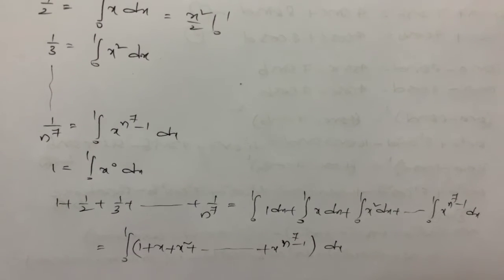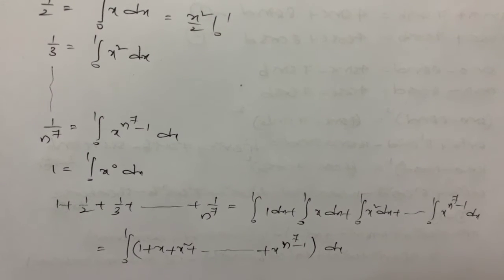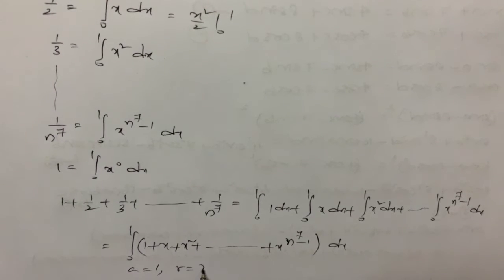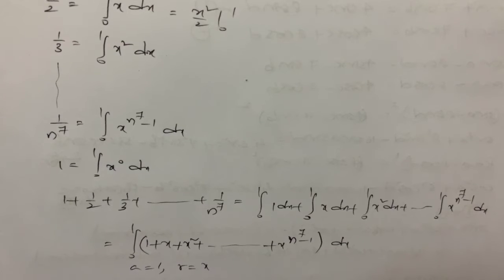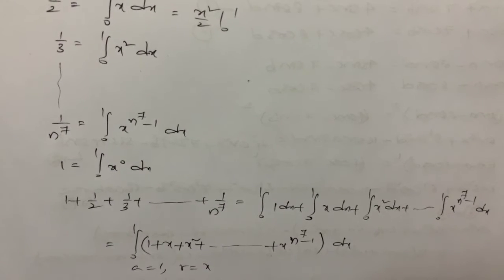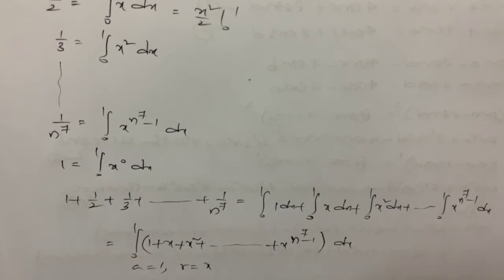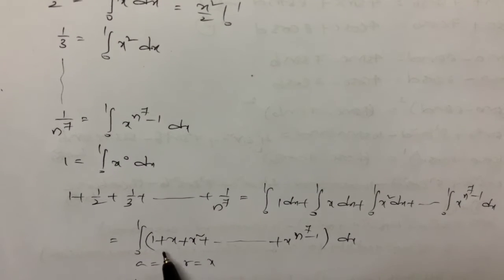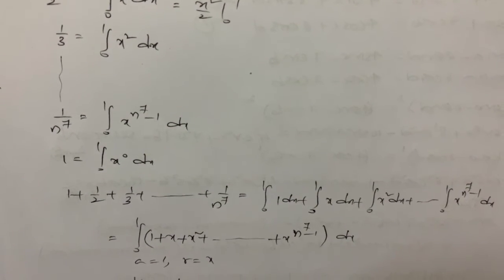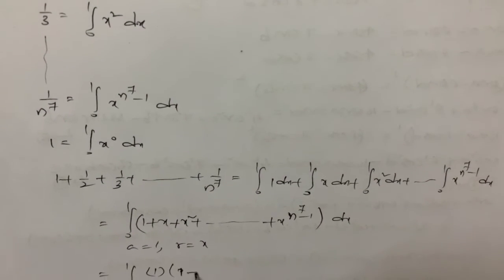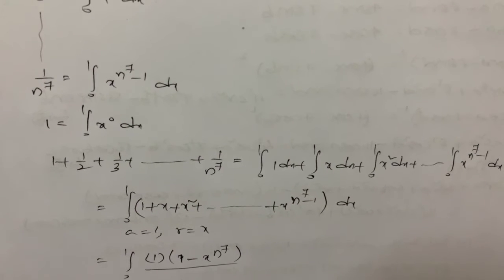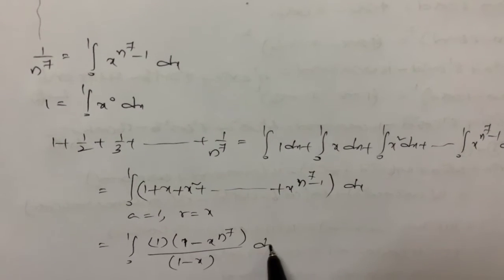If I directly apply the formula, A is 1, R is equal to x, and the number of terms here is n^7. So integral 0 to 1 of 1 minus x power n^7 by 1 minus x dx.